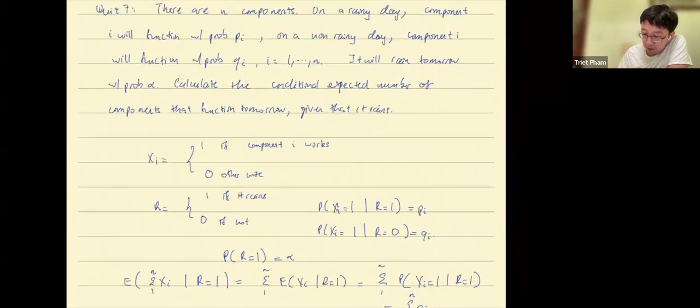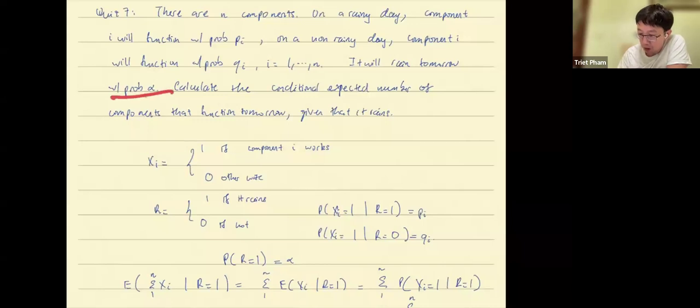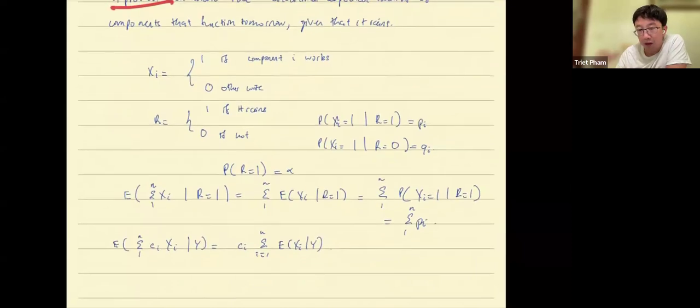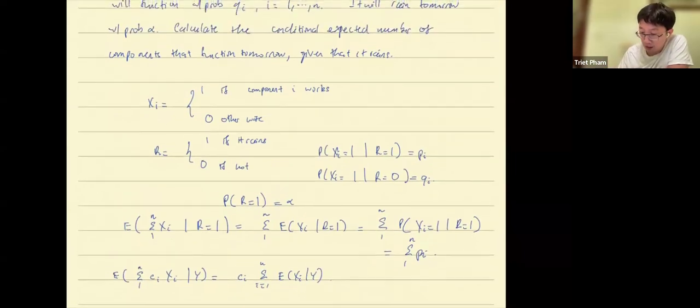But at least for this question, it's not used anywhere. So again, this emphasizes the importance of understanding what the problem is asking for. Is it asking for a conditional expectation or an unconditional expectation? If it asks for an unconditional expectation here, we will need the probability that it rains tomorrow.